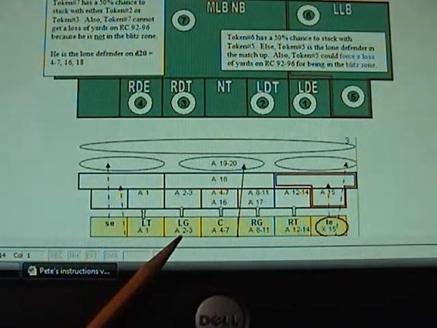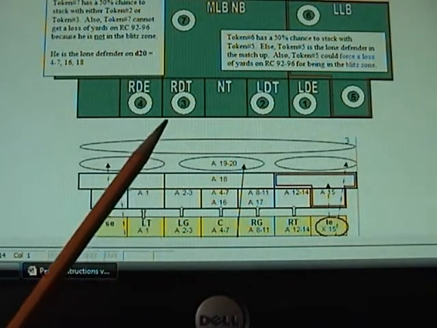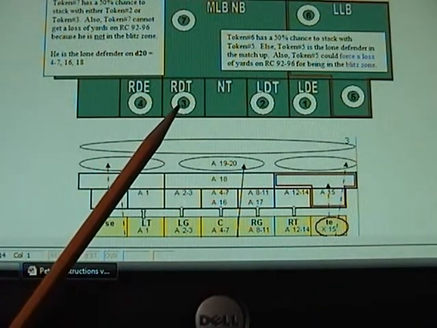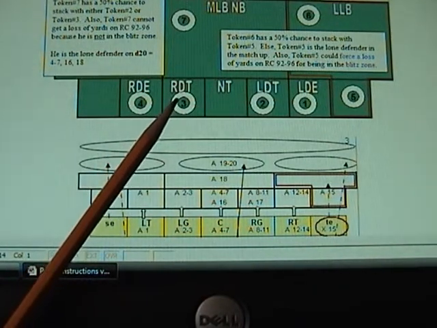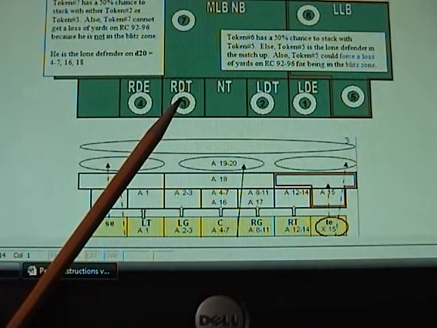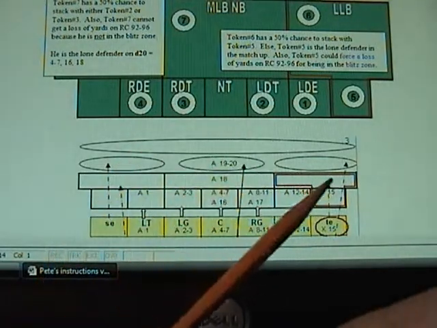When the D20 calls a 2 or a 3, he'd have a 50% chance of stacking with him. We would roll a D6 again separately, and 50% of the time, 1, 2, or 3, we'd allow him to be stacked with the right tackle.